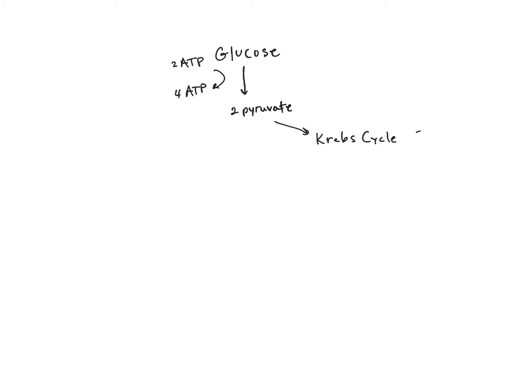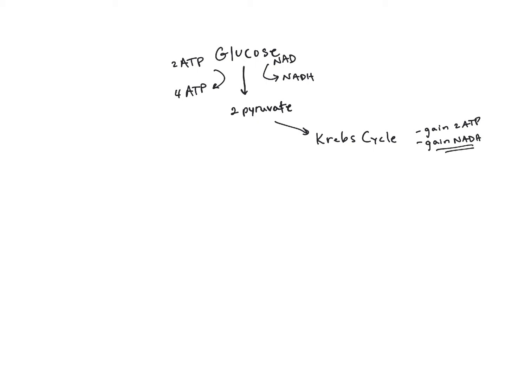In that Krebs cycle, you're only going to gain 2 ATP per glucose, but you're going to gain a ton of NADH. That's reducing power, right? You get a little bit of that in glycolysis as well, but a ton of it from the Krebs cycle.